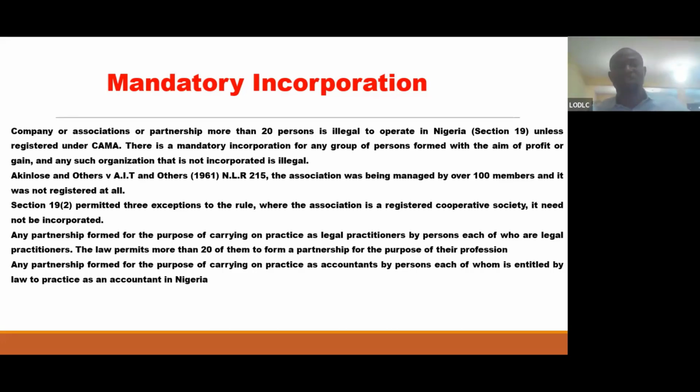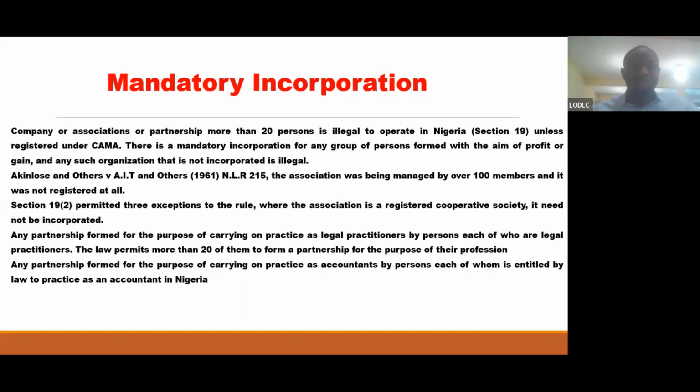Section 19, subsection 2 permitted three exceptions to this rule. Where the association is a registered cooperative society, it need not be incorporated. If it is a registered cooperative society, there is no need for them to be incorporated, like all these cooperative societies we have.